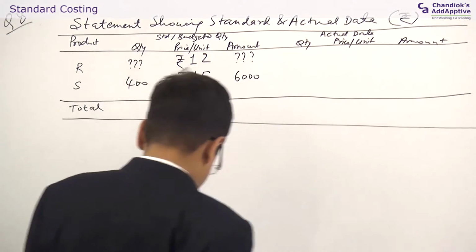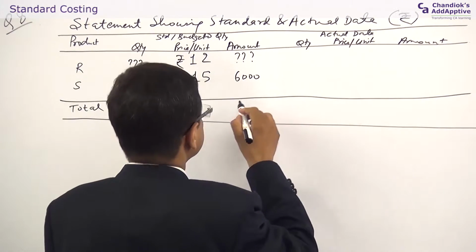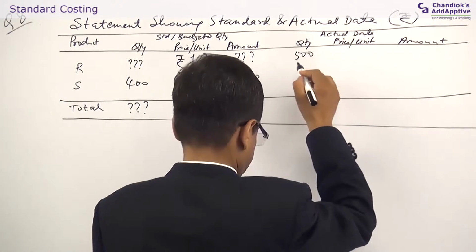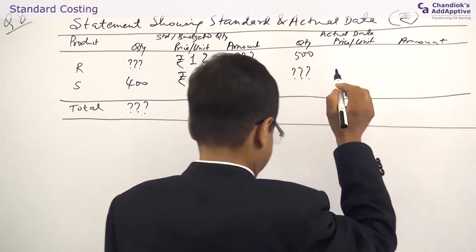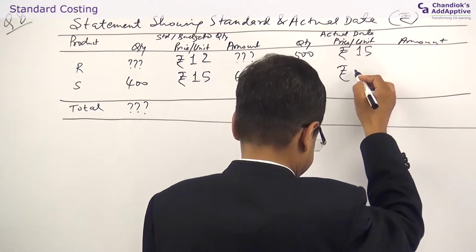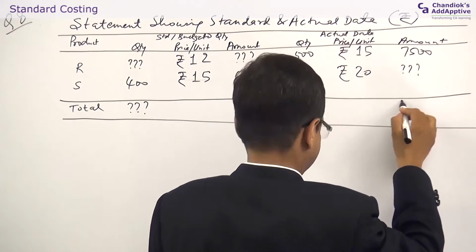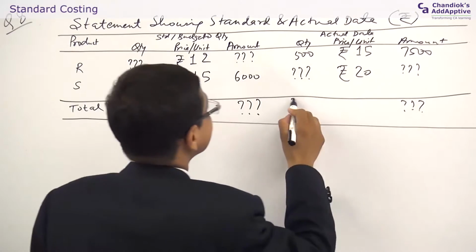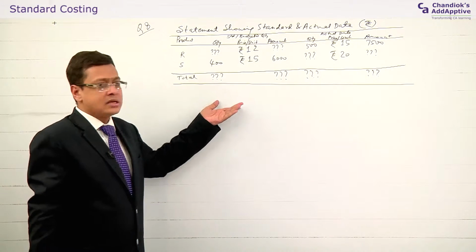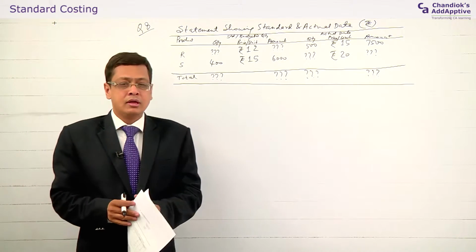A total column is also there. So, this is the statement which comes out when you put in the figures.